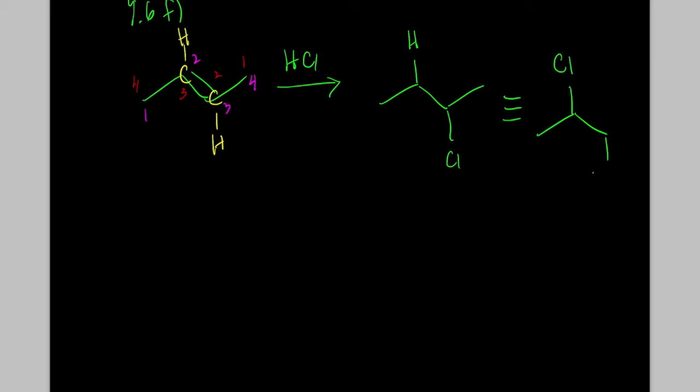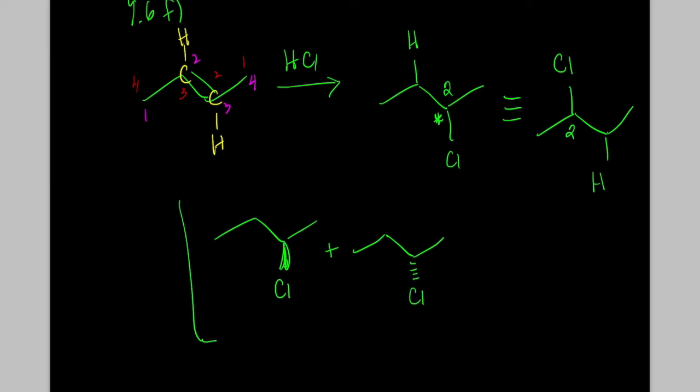If you do it this way or this way, you still get 2-chlorobutane, all right? And 2-chlorobutane has a stereogenic center at carbon 2, so we need to draw that in two possible ways. Drawing the hydrogen is optional here, okay? That's always optional.